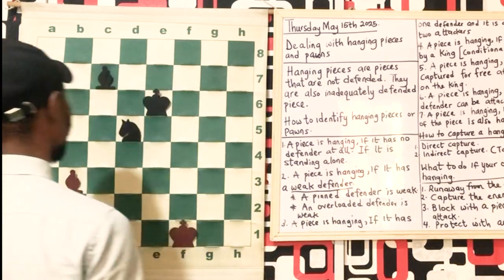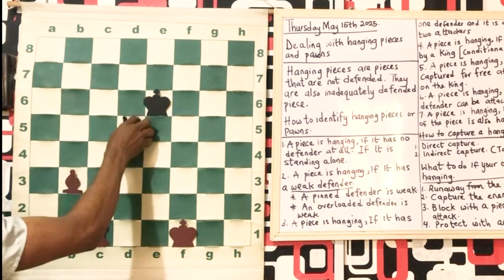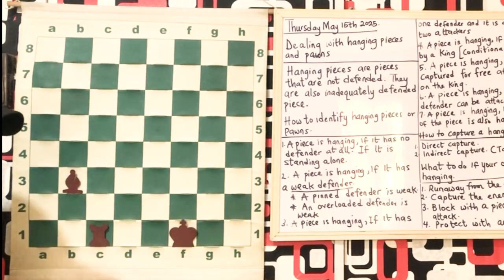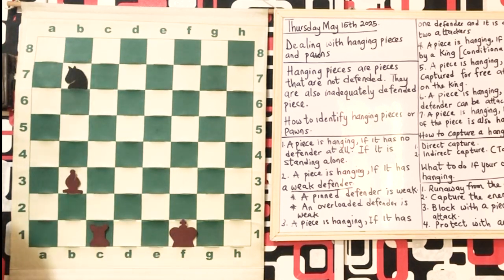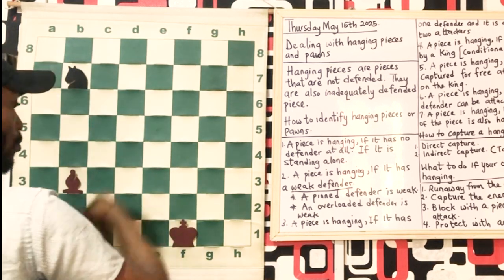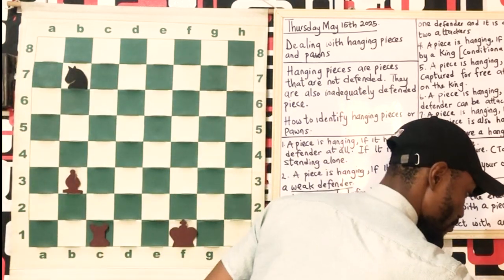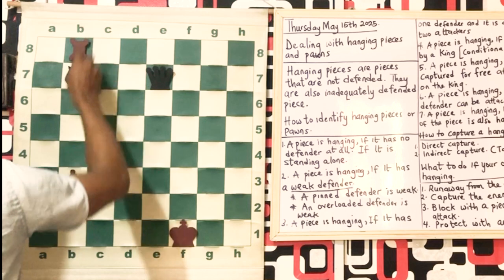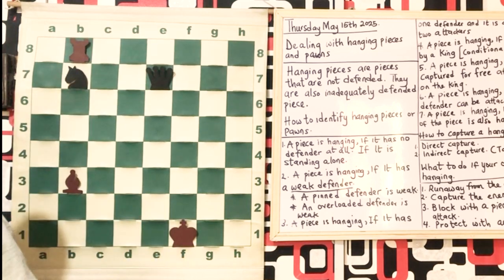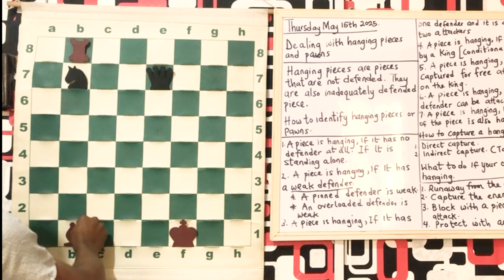In this case, there can be a black knight standing here, then a black queen, a rook already attacking the knight, then the bishop standing somewhere here.